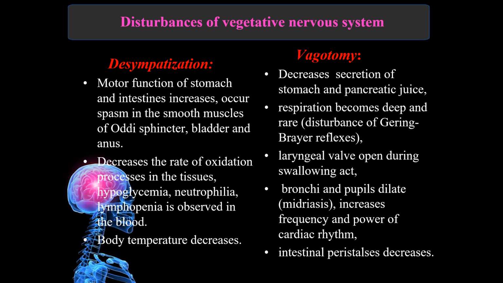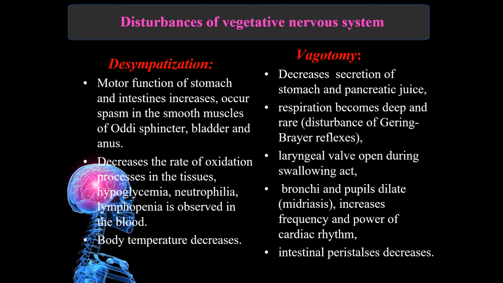The motor function of the stomach and intestine increases after desympathization, and spasm of smooth muscles of the sphincter and bladder occurs. Then hypoglycemia, neutrophilia, and lymphopenia are all observed in blood during desympathization, because the sympathetic nervous system acts in this way in the metabolism, and body temperature decreases.